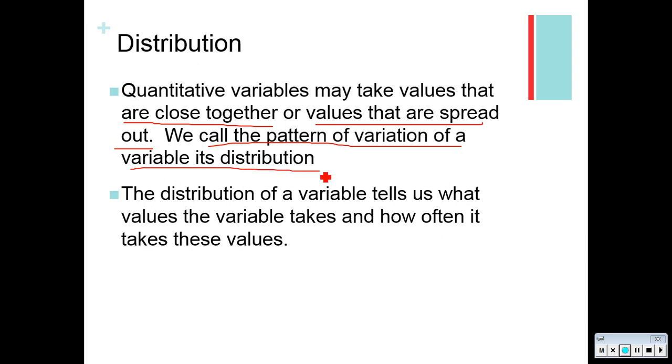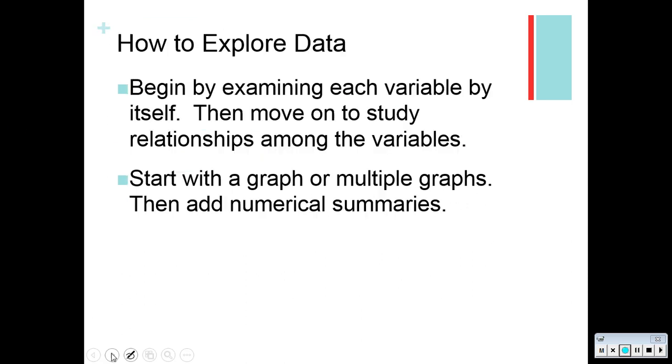The distribution of a variable often tells us what values the variable takes and how often it takes these values. And one of the things that we will get into in future chapters is the different types of distributions that are out there when you're collecting data.